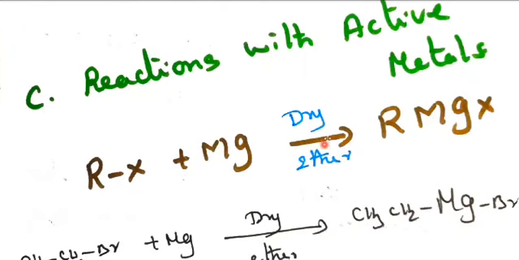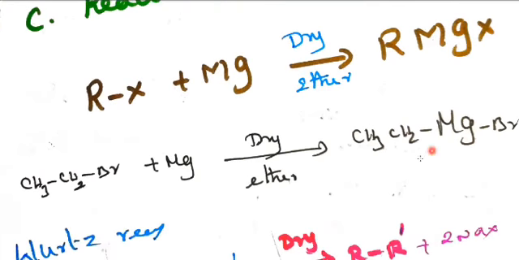It is in the presence of a dry ether medium, used to dissolve and solvate the halogen groups so that they can be brought back very easily. So RMgX is a Grignard reagent. If any other metals are present, it is called an organometallic compound. In the case of lithium, sodium, potassium and so on, it is called an organometallic compound, and it is not considered a reagent.